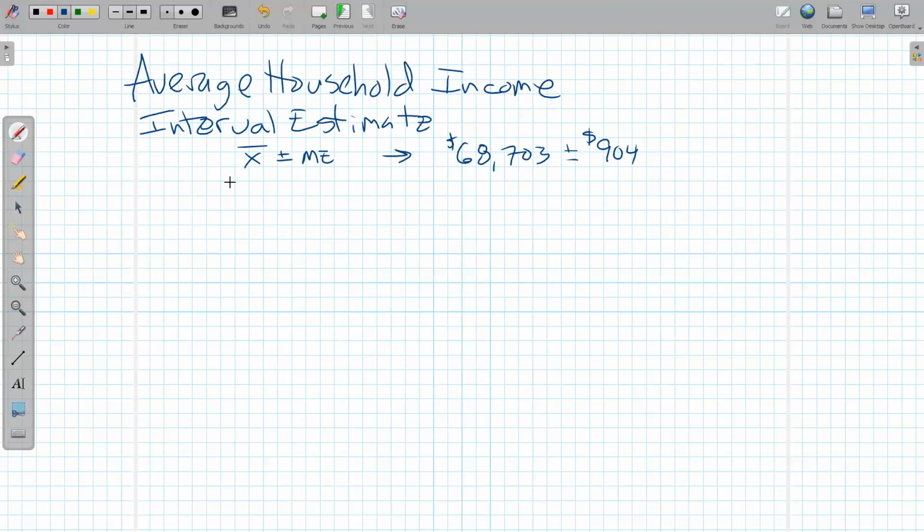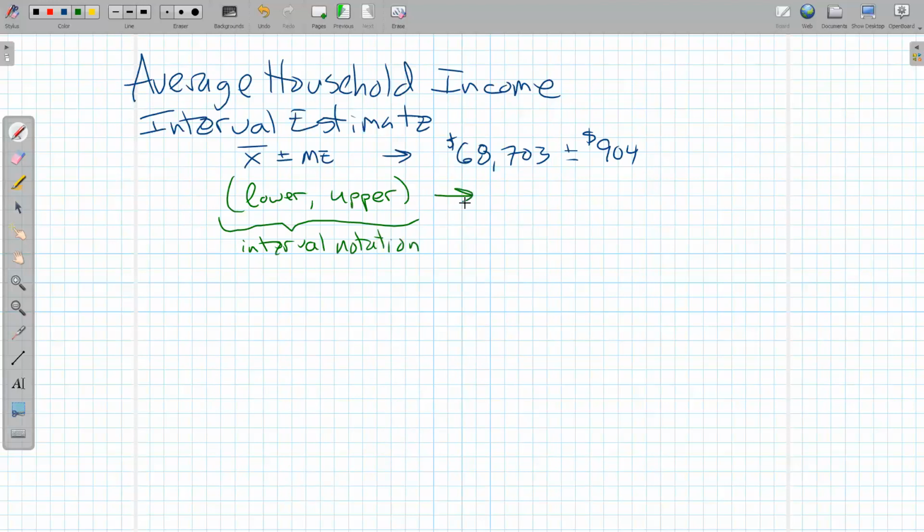Another way to state that interval estimate is by stating the lower and upper values. Often we do parentheses, state the lower number, close parentheses, and then the upper number. This kind of notation is called interval notation, which you may have seen in some previous math class.